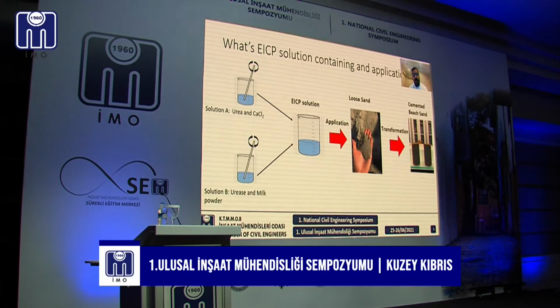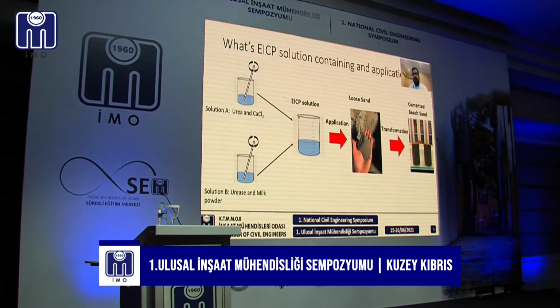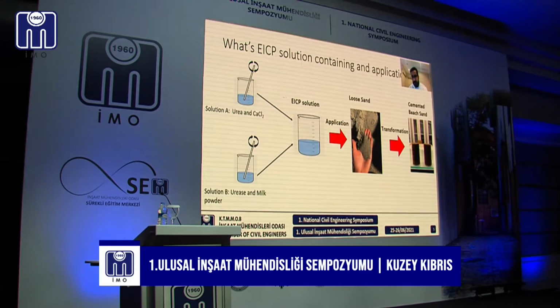After mixing these components together for maybe one minute or less, we apply this to the soil. For example, if we have loose sand, this starts the precipitation between the sand particles, and finally we can get these cemented beach sand columns.